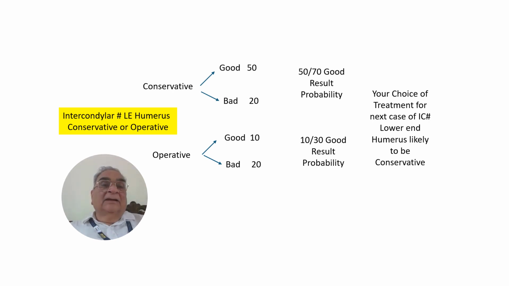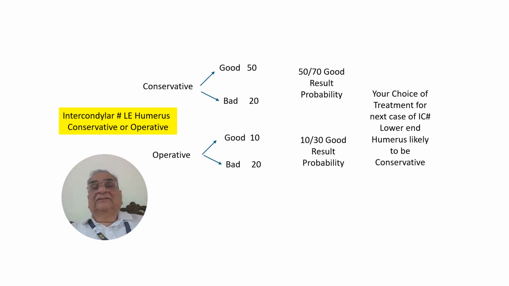So here we are treating intercondylar fracture, the lower end of the humerus, and the controversy is whether we should treat them conservatively or operatively. Now, if somebody does a retrospective follow-up of conservatively and operatively treated groups and says that 50 out of 70 in the conservative group did good, and only 10 out of 30 in the operative group did good.